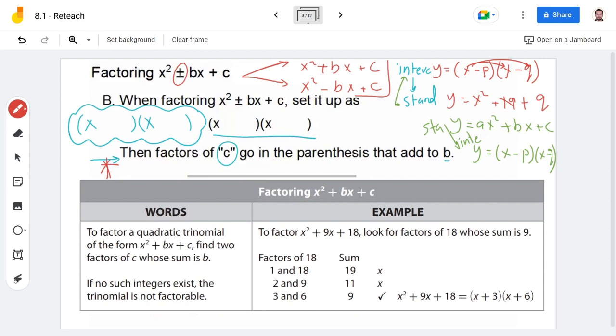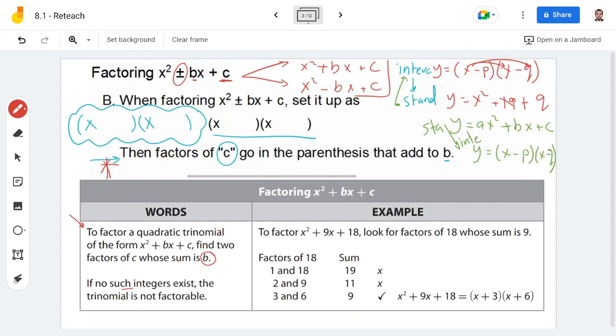What are the factors of number c that, if you add them, give b? In other words, to factor a quadratic trinomial of the form x squared plus bx plus c, find two factors of c whose summation is b. If no such integers exist, the trinomial is not factorable.